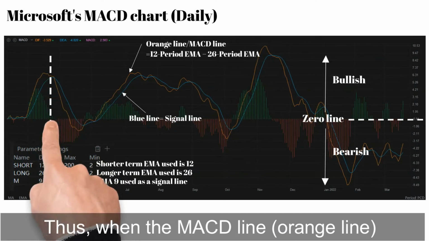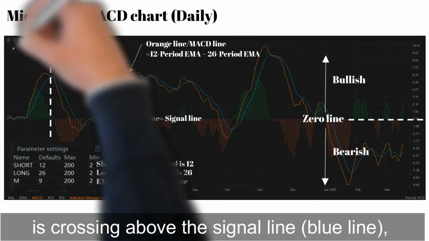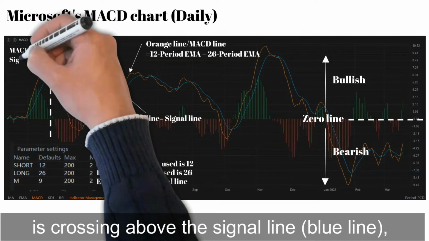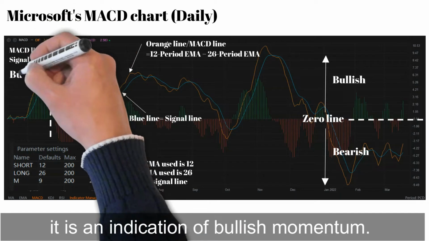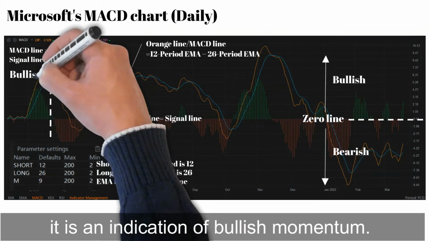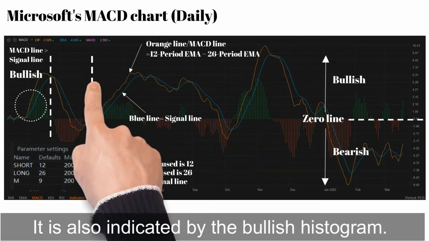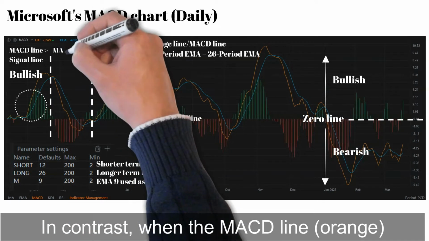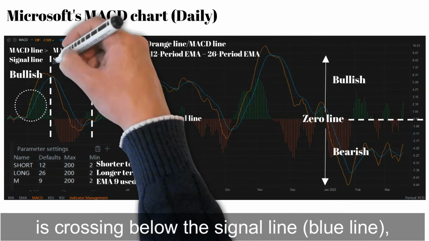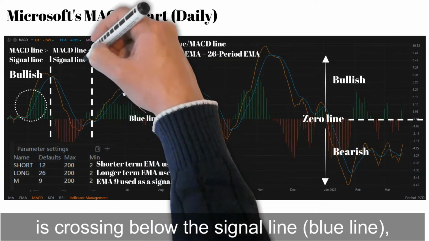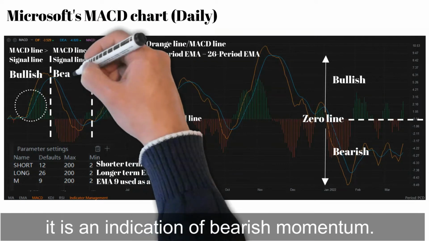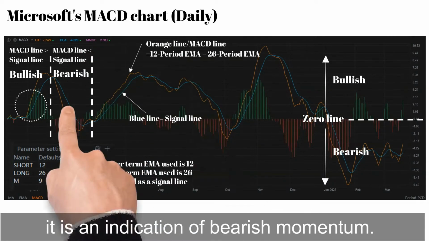Thus, when the MACD line, orange line, is crossing above the signal line, blue line, it is an indication of bullish momentum. It is also indicated by the bullish histogram. In contrast, when the MACD line, orange, is crossing below the signal line, blue line, it is an indication of bearish momentum.